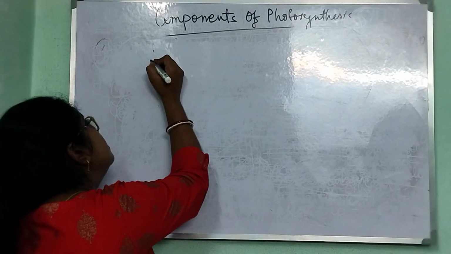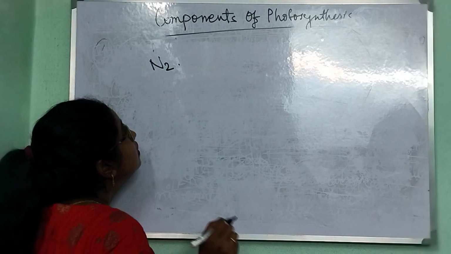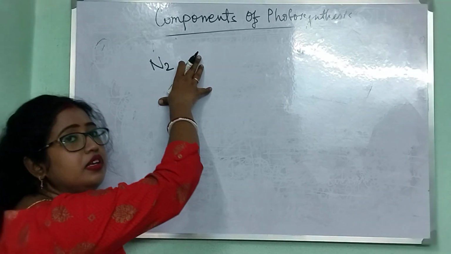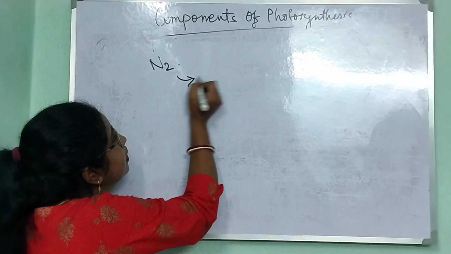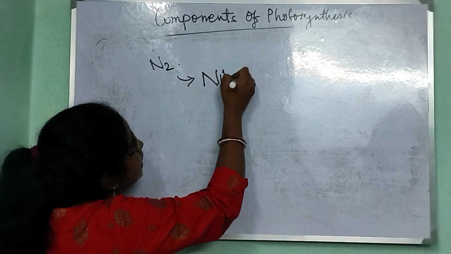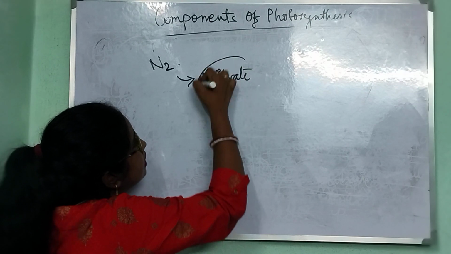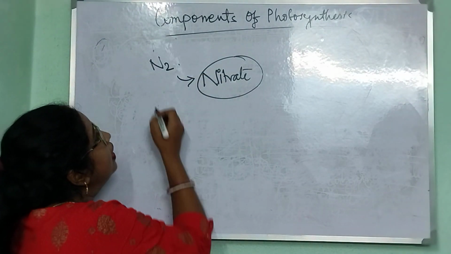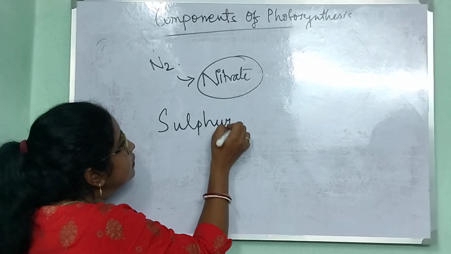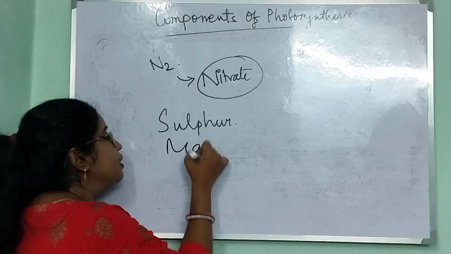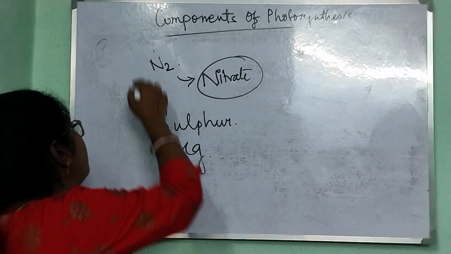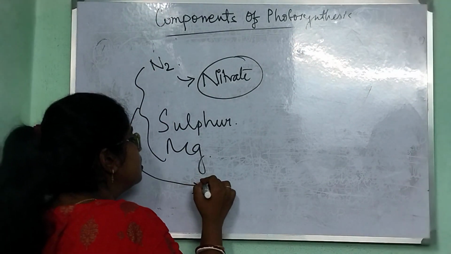These are nitrogen, then sulfur, then magnesium, etc. Plants can't absorb free nitrogen from the atmosphere. Plants absorb nitrogen in the form of nitrate or other nitrogen compounds.